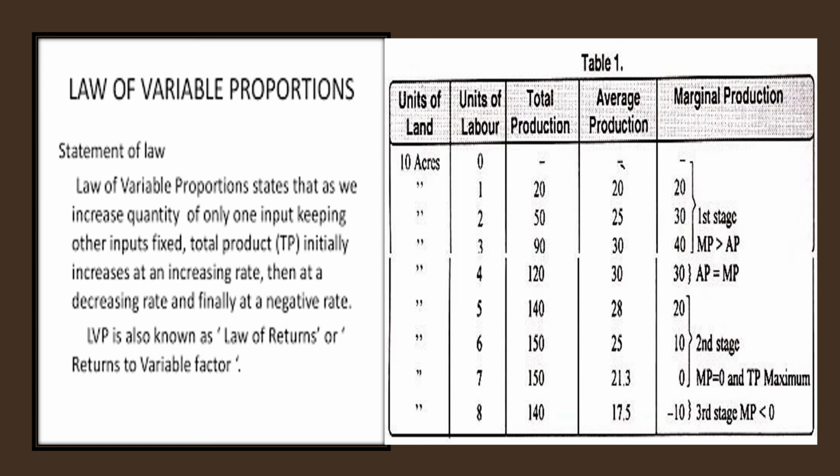Ultimately, it starts declining, and when AP is greater than MP, that becomes your second stage. Ultimately, there comes a point when marginal product is 0 and total product is at its maximum point. Beyond this point, total product cannot be further increased, and then marginal product becomes negative, that is, less than 0. That is considered your third stage.